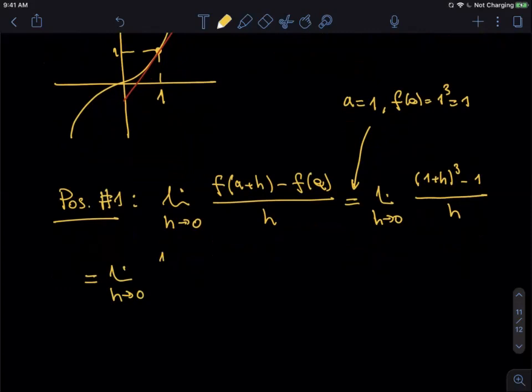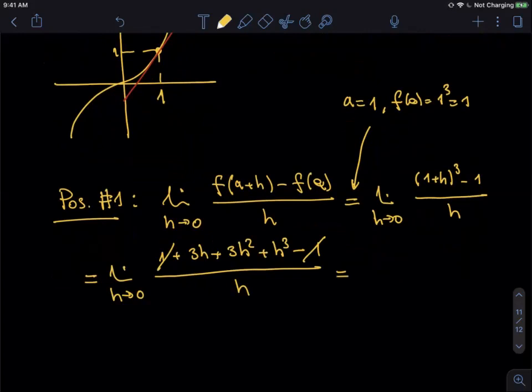So this is 1 plus 3h plus 3h squared plus h to the power 3. And then there is the negative 1, don't forget, and then divide by h. There is a cancellation, and then we can simplify h from the numerator with the denominator. So let's do that.